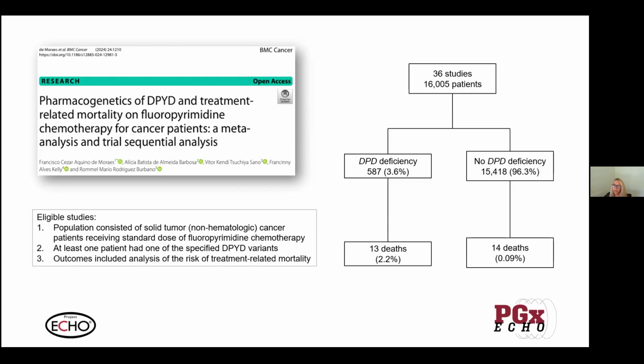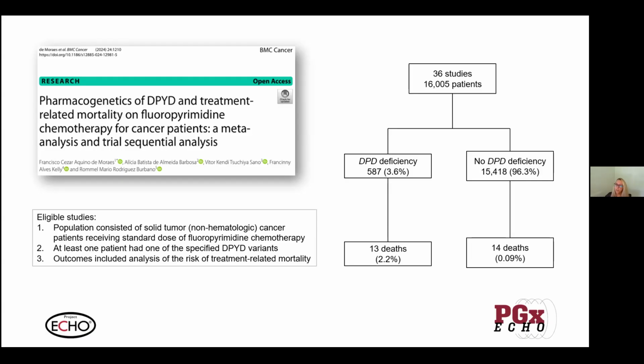The arm on the left shows that 3.6% of patients had DPD deficiency, and the remaining 96.3% on the right arm did not. A total of 27 deaths were attributable to fluoropyrimidine toxicity, with 13 deaths occurring in the DPD deficiency group, which is 2.2% of those who had DPD deficiency.